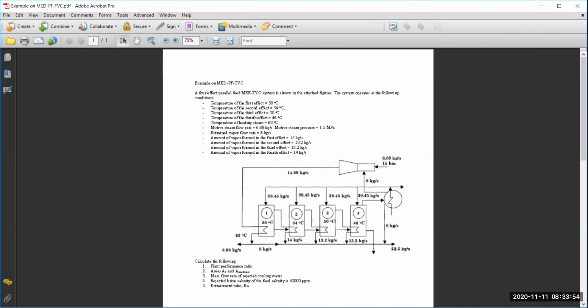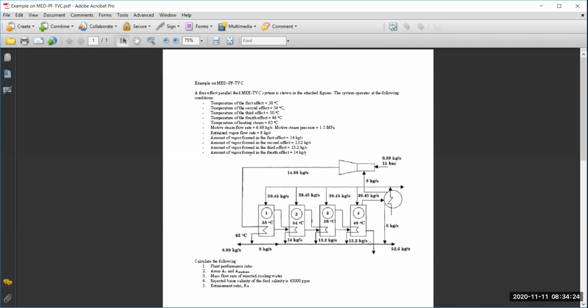And then forget about this number, which is the 52.6. This is not correct, because if you have to calculate the total productivity of the unit, actually, I'm sorry, what's being produced from effect number 4 is 8 plus 6 is 14, yes. And if you calculate 6 plus 13.2 plus 13.2 plus 14 plus 8, it will give you a number which is slightly different from this one.